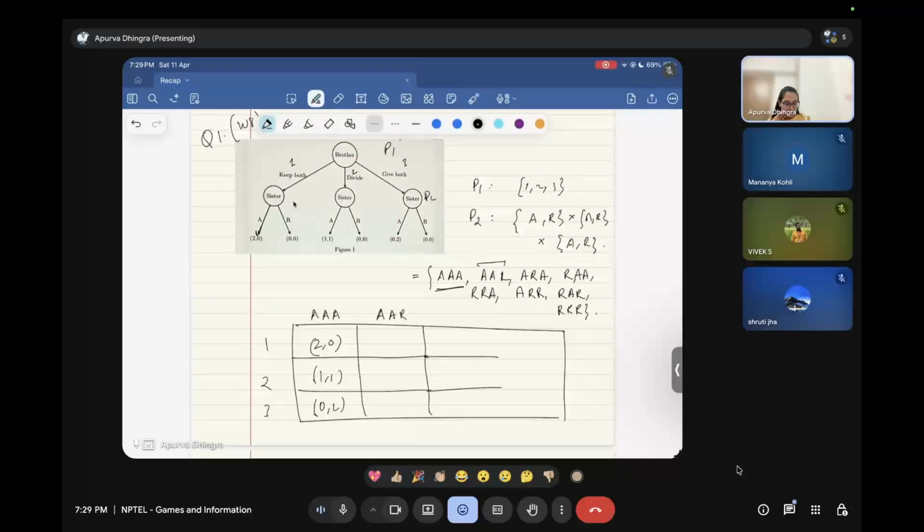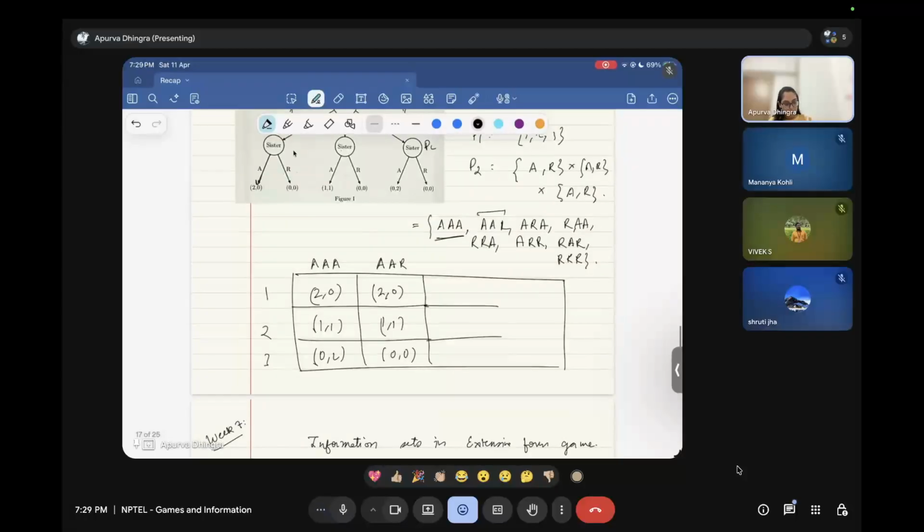So what that means is this leads to 2, 0, 1, 1, and the last one is 0, 0. And with this kind of logic, you have to fill the whole thing. That's going to be a fairly big matrix, and then search for Nash equilibria from that.